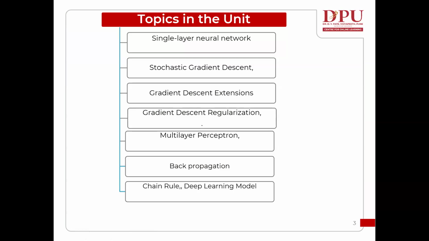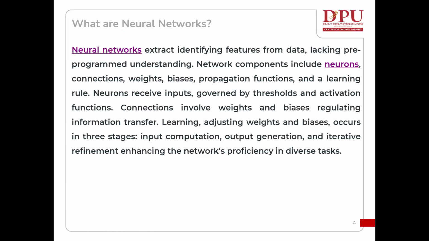Otherwise, you already know what you mean by gradient descent or how to regularize that. I'll try to connect these, no need to worry. Then multi-layer perceptron, what you mean by back propagation, how the things related to chain rule can be applied. Based on these clarifications, the meaning with respect to deep learning model is the subunit of your unit number 2, which is the last part.